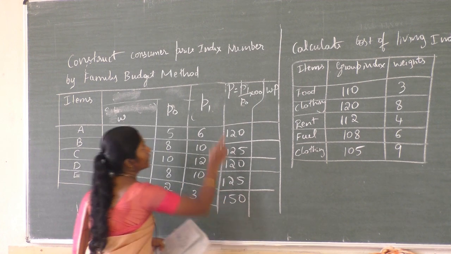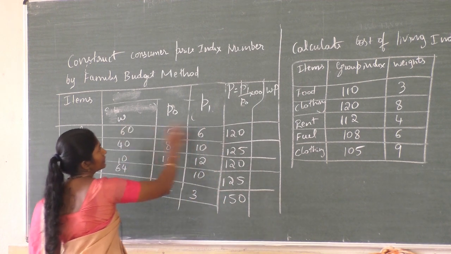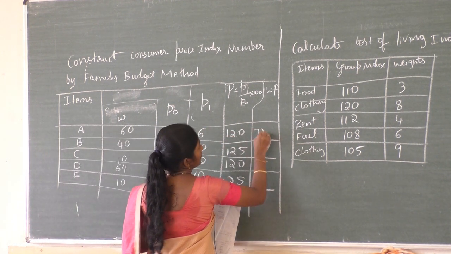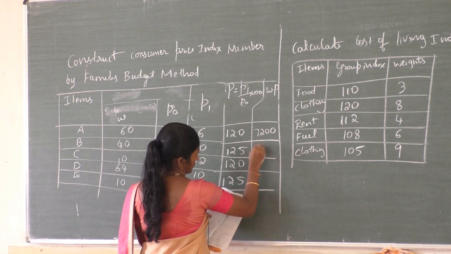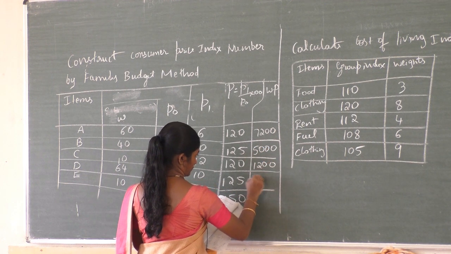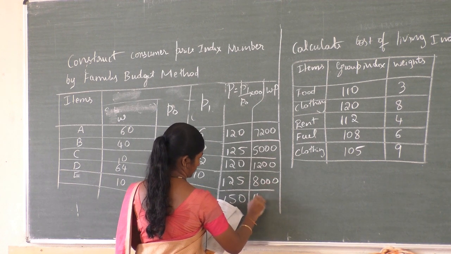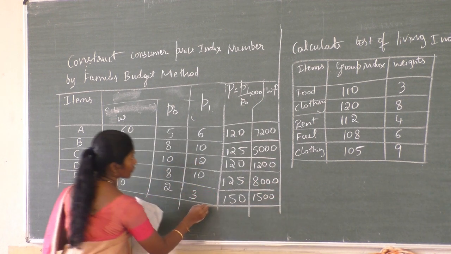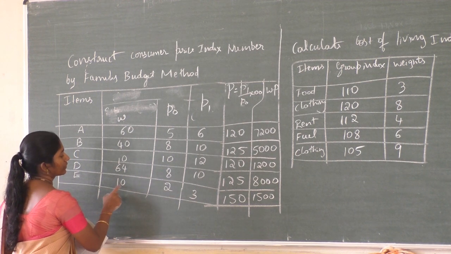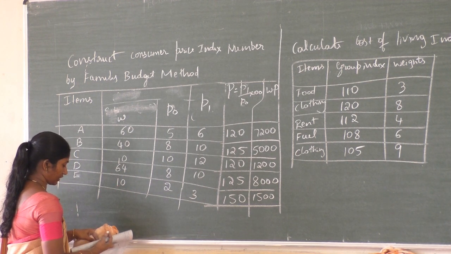Here 150, P into W: take W and the price relative and multiply these two. Find the total of P into W, and the total weight.